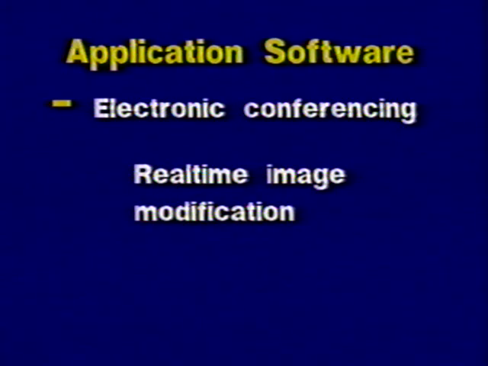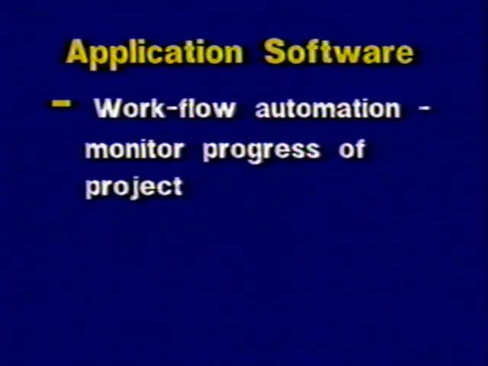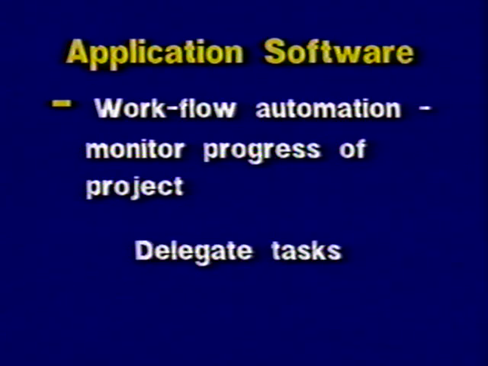The next workstation application software is workflow automation. Workflow automation is used to monitor the progress of projects and such. One of the tasks that you might want to have when you monitor the progress of a project is delegation of tasks.